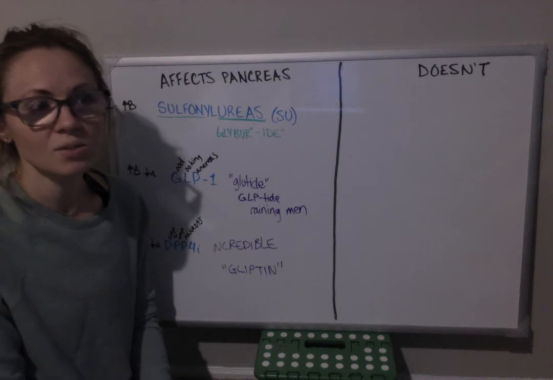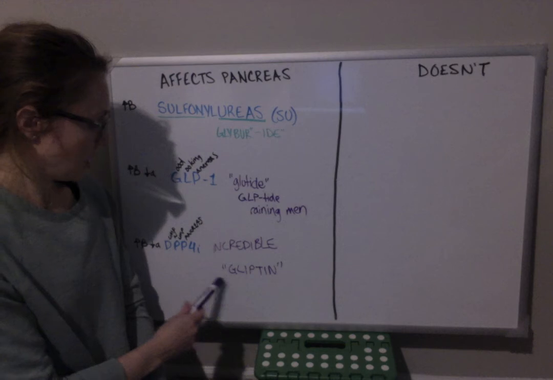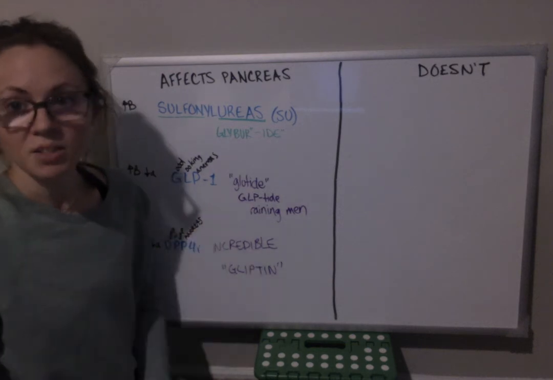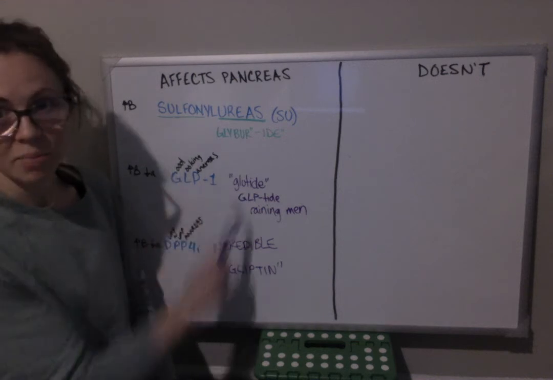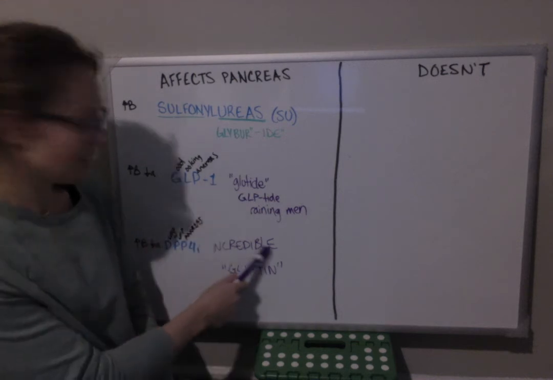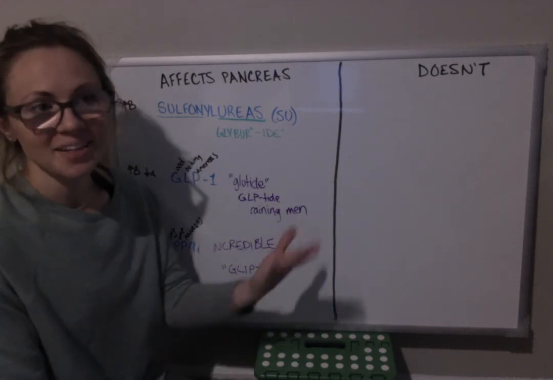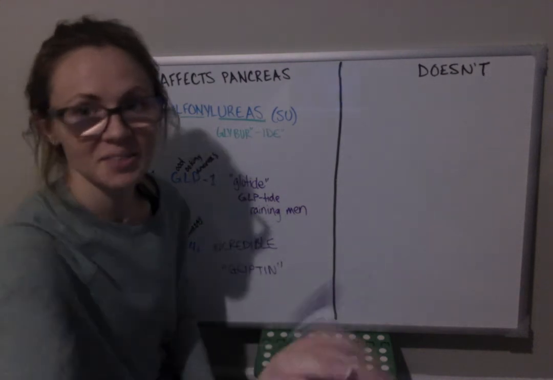So that's weird that it would work that way. I don't know if it's because it increases all types of incretin, not just GLP-1. I'm not sure. But this one, very good looking pancreas. I say it's incredible, but it's not that incredible once we got these clinical trials looking at the different cardiovascular effects.